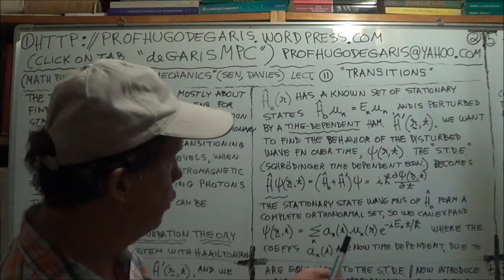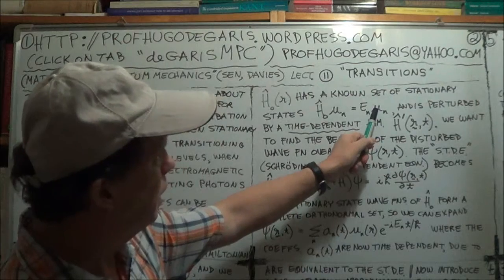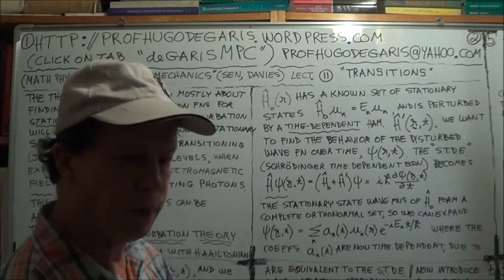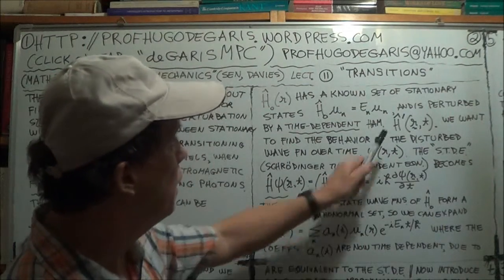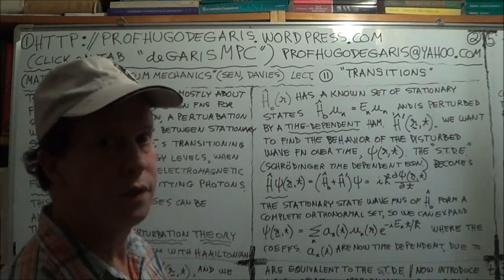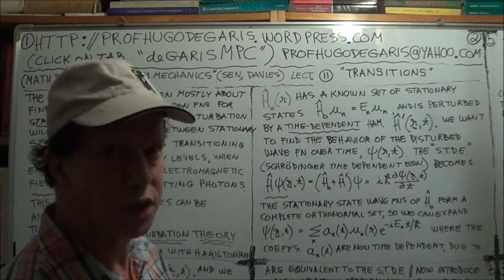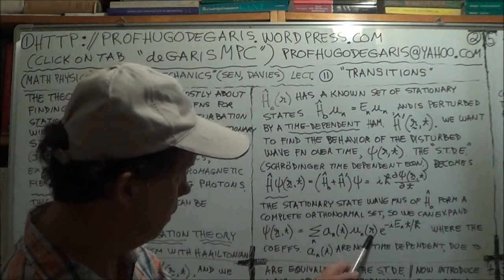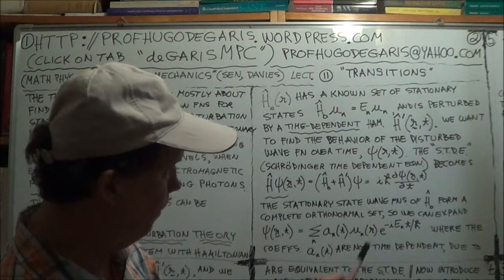Let's expand it in terms of these eigenstates here. Now these eigenstates are from the STIE, Schrodinger time independent equation. Okay? So these energy eigenfunctions do not depend on time. You can see that here. Look, there's only an r here. There's no t. They depend only on the position.